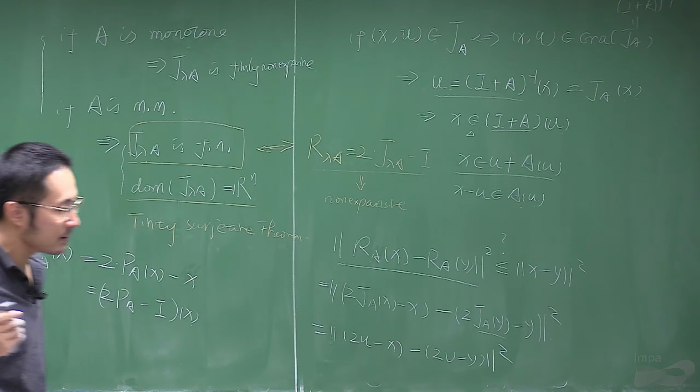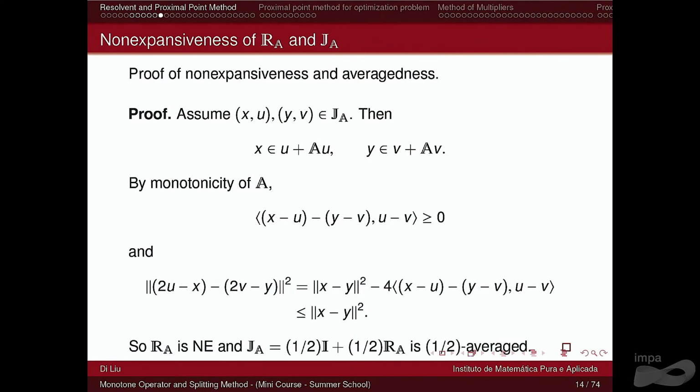Then we get the inequality on this slide. Why do we expand this? Because we want to prove the reflection is non-expansive. So we expand this and get this identity: the norm of x minus y squared, minus 4 times this term.